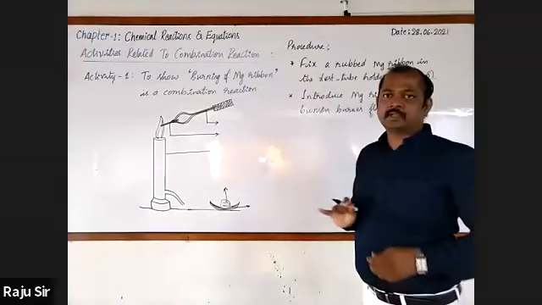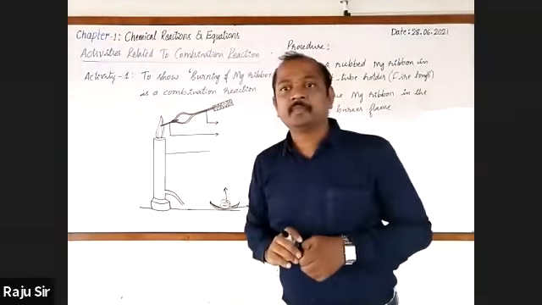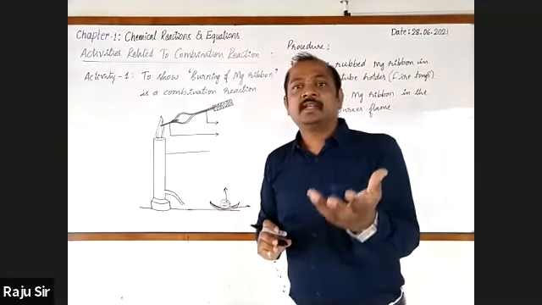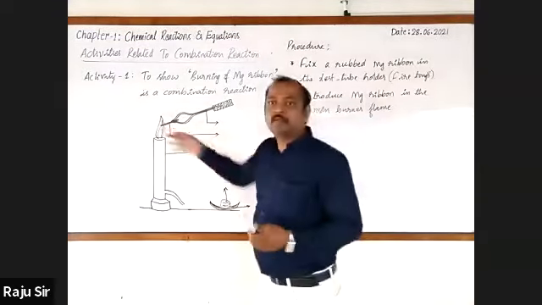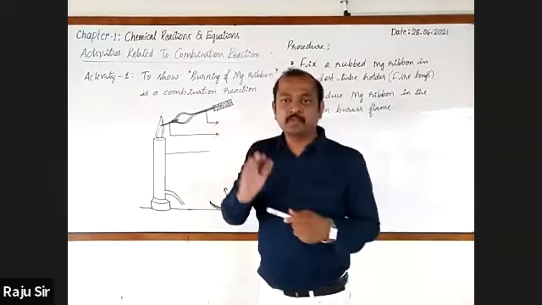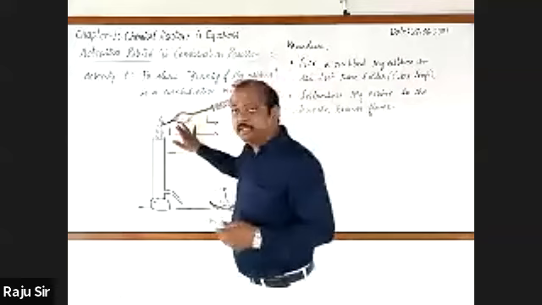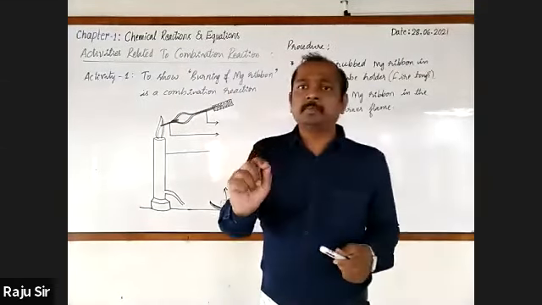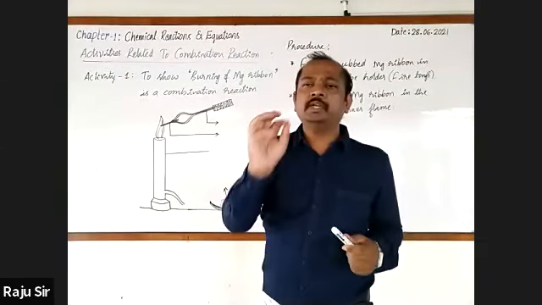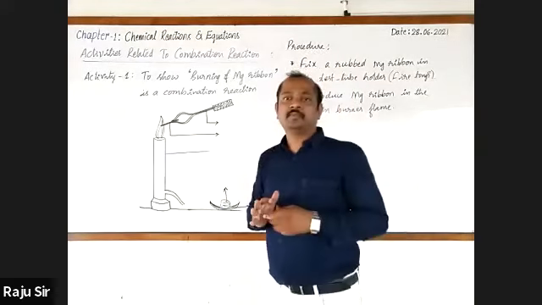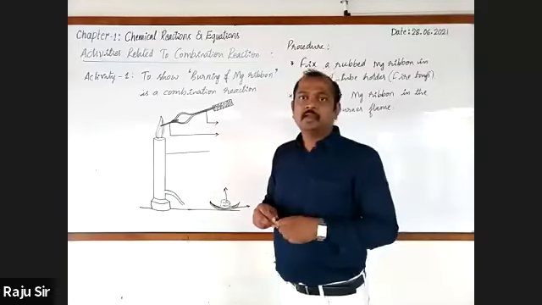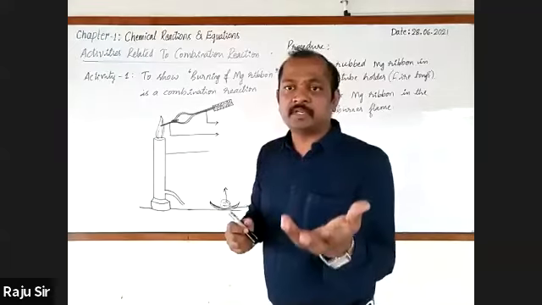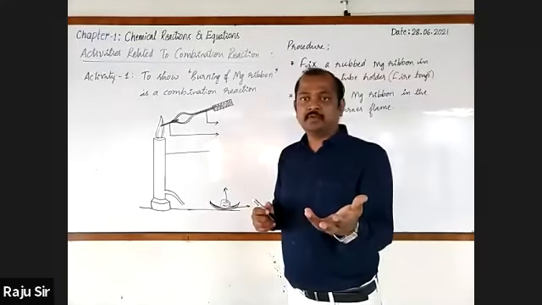This is the procedure. Next is our observation. What have we observed? It is observed that magnesium ribbon burns with a white dazzling flame, or it produces a white dazzling flame. Why? As it reacts with oxygen present in the atmosphere.